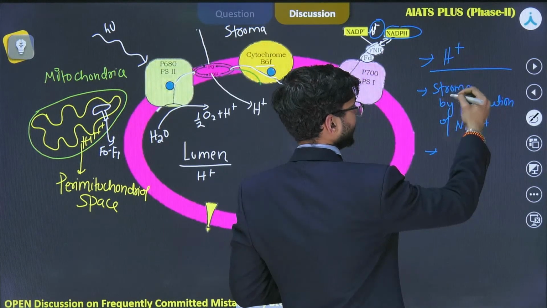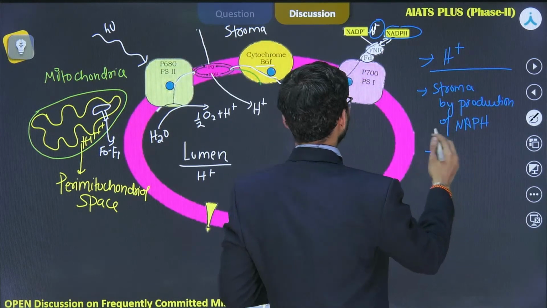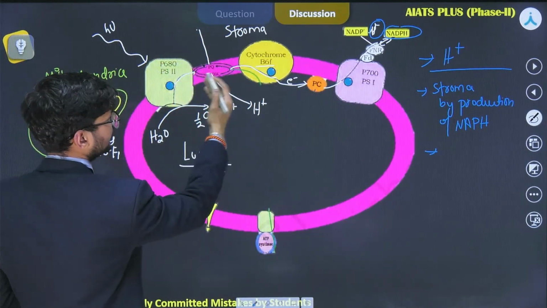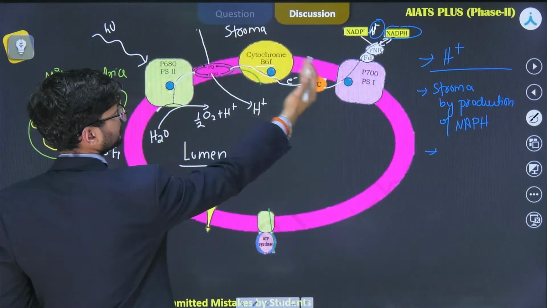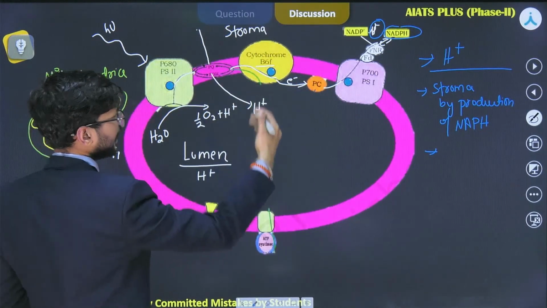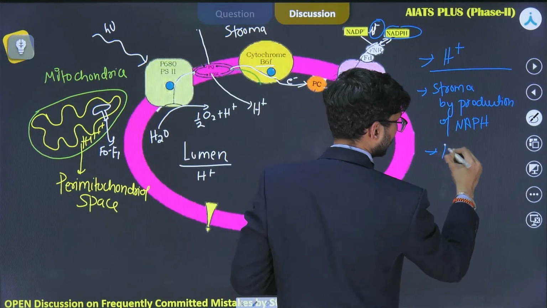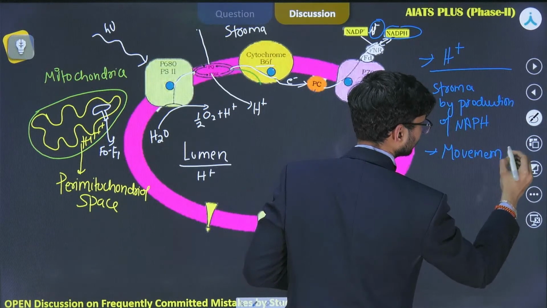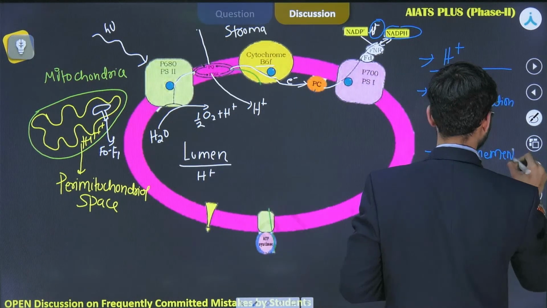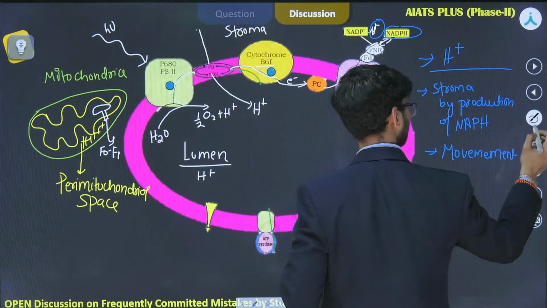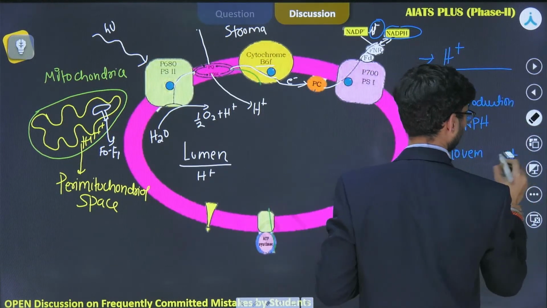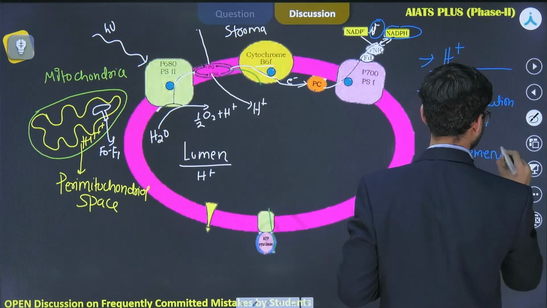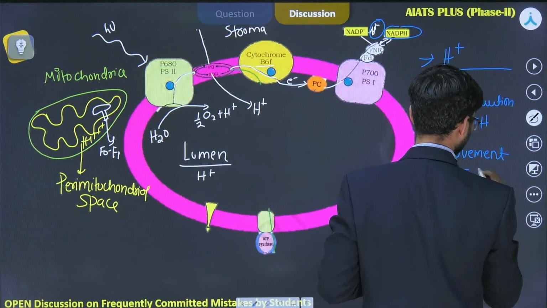Hydrogen is removed from the stroma from this point, while hydrogen is again removed due to the transport of electrons from photosystem 2 to the other photosystem. So there is also removal of hydrogen due to the movement of electrons through the thylakoid membrane.